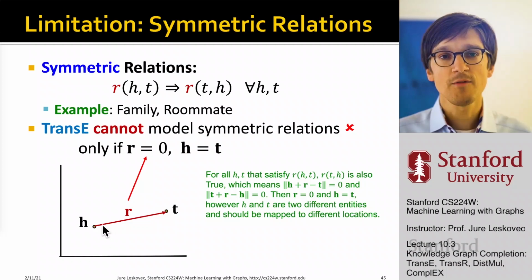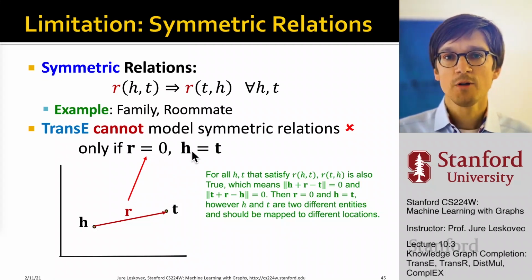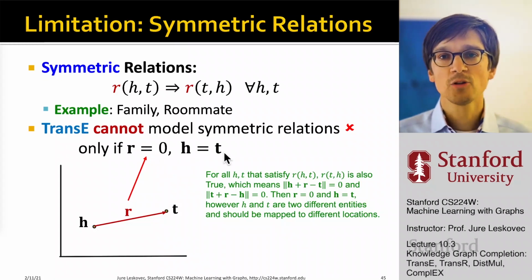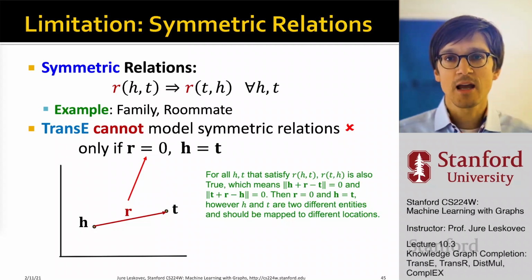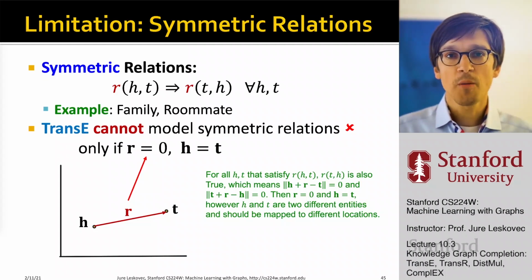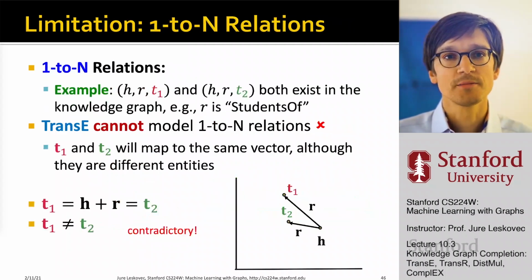And the point is this: if you go from H according to R to T, then you'd like to apply the same R to T as well and get back to H. And the only way you are able to do this is to make R be 0, which basically means that H and T are embedded on top of each other. But that is not good because H and T are different entities. They are distinct entities with distinct properties. So this means that TransE cannot do this kind of symmetric reasoning, or it cannot model symmetric relations.